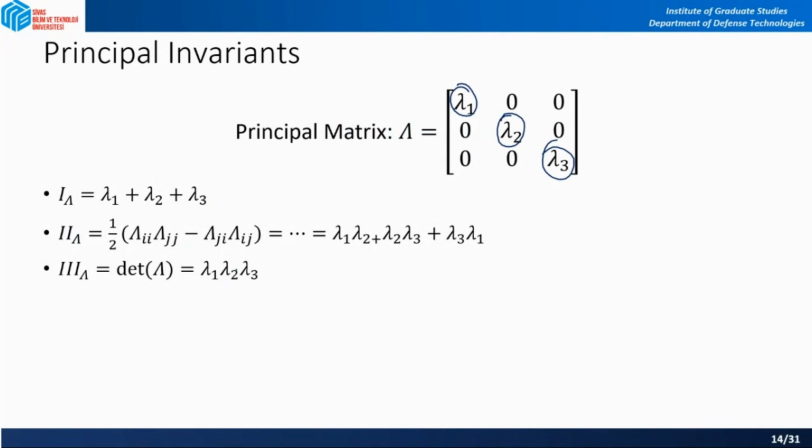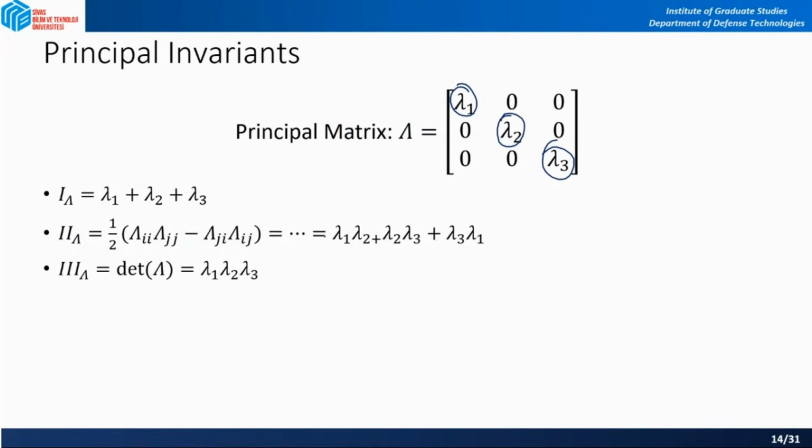You see that it is again important to be able to calculate all these eigenvalues, lambda 1, lambda 2, and lambda 3. I can have any matrix written in a random XYZ coordinate system, but if I can calculate the eigenvalues, not only can I have the directions of the principal axes, but also I can construct the invariants of that matrix. And the good thing is that to calculate invariants, I do not need to calculate principal axes because they are not changed with respect to the coordinate system.